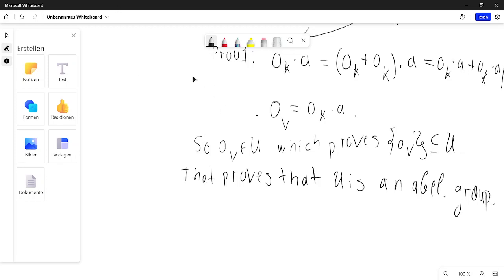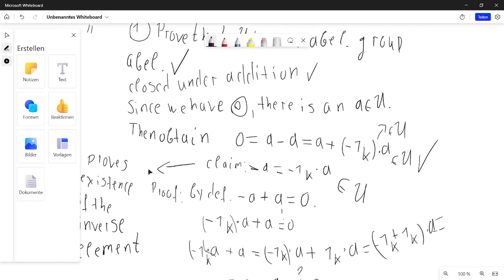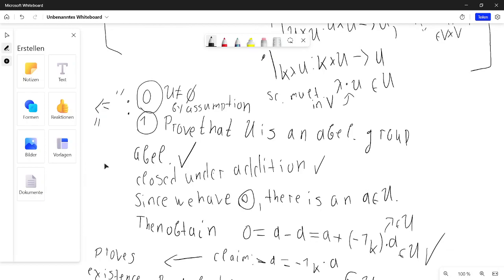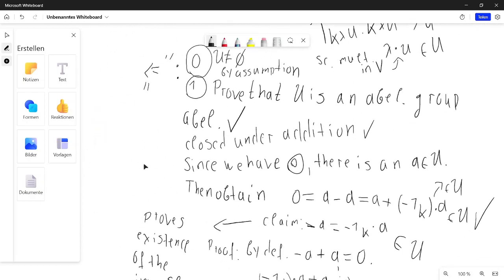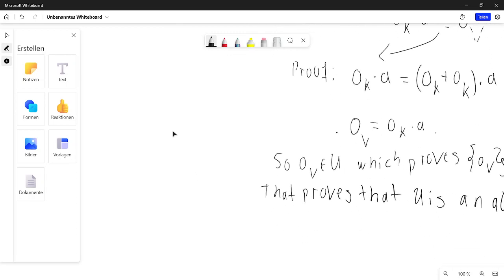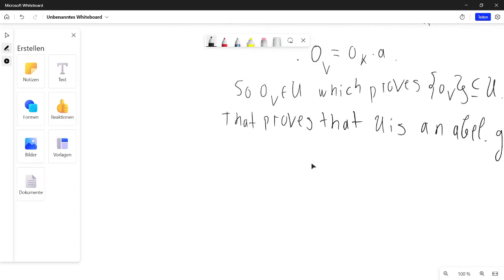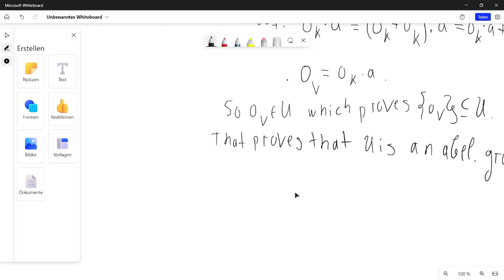All right. Then next we have to prove the properties of a scalar multiplication, but this is just, well, figure it out yourself.